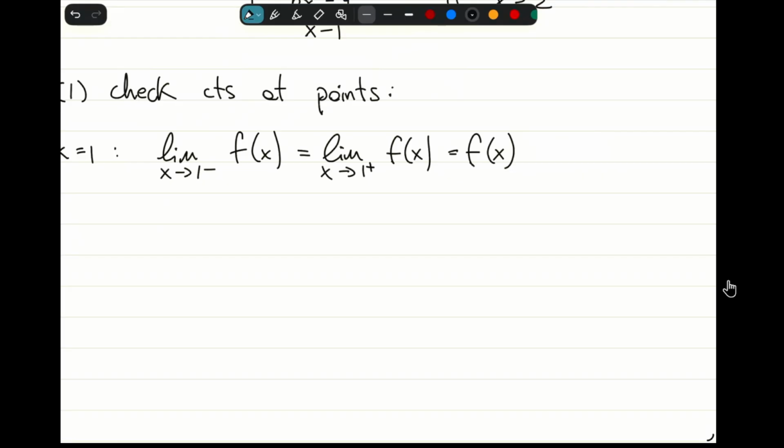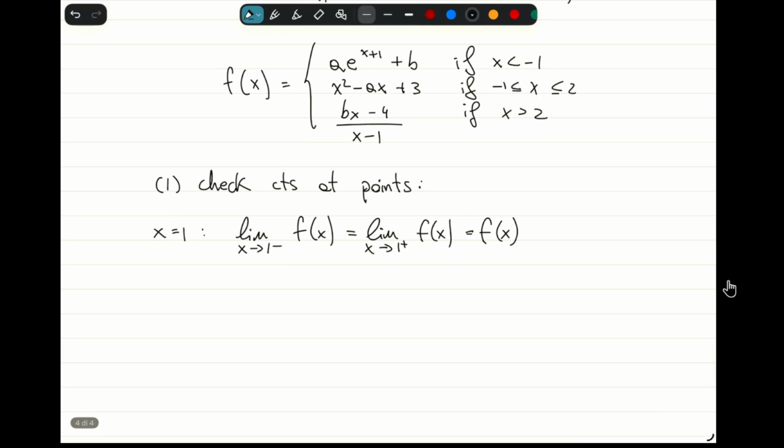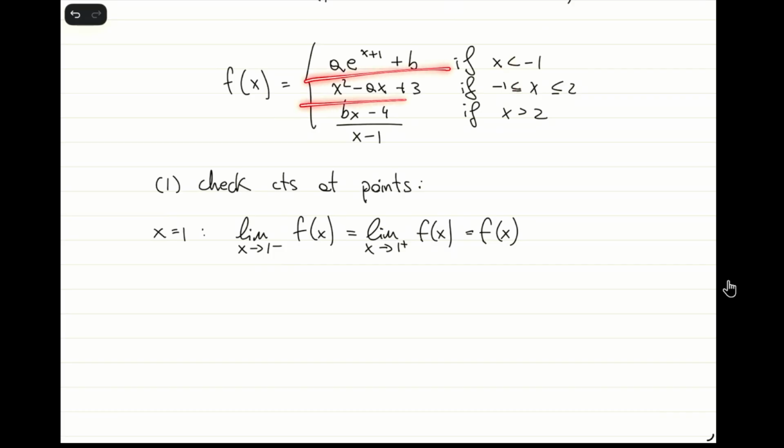This is what we want to have. So what we do now is evaluate the different pieces. You can see the point negative 1 is shared between this section here and this section here.